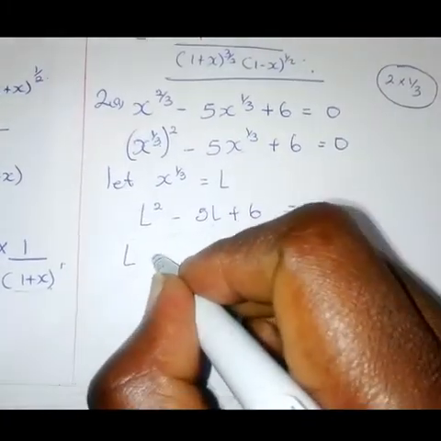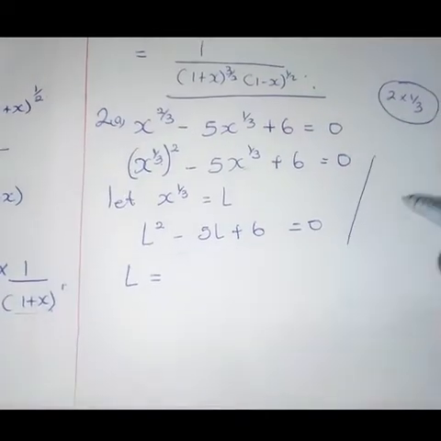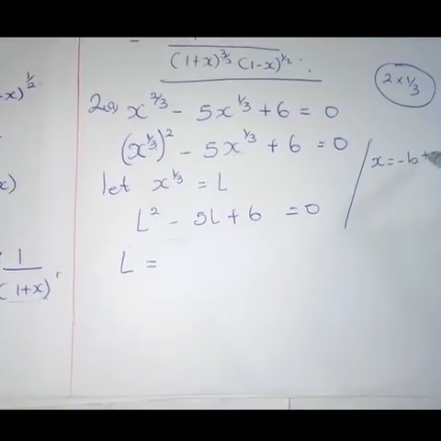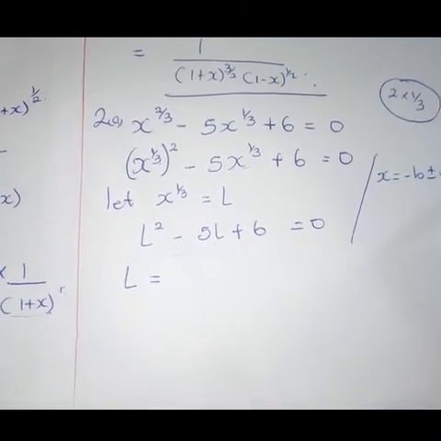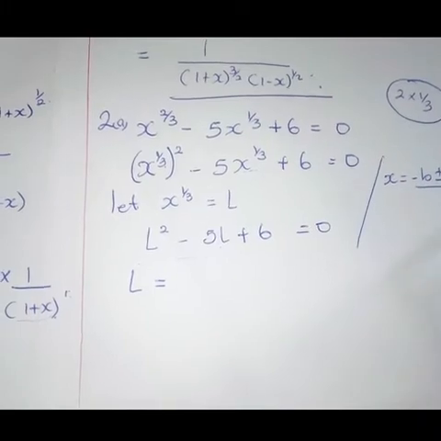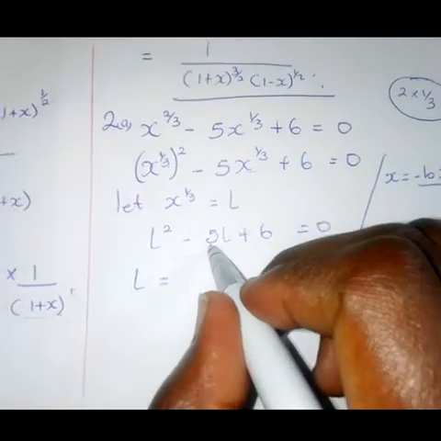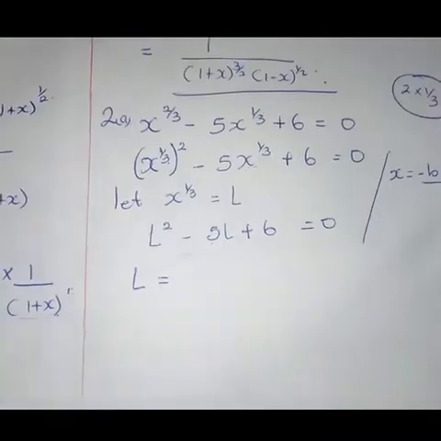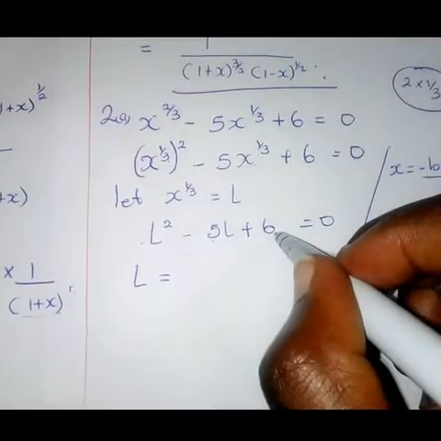So L is going to be equal to, from the formula, I'll first write it from a side here, that x is equal to minus b plus or minus square root of b squared minus 4ac, all over 2a. So b is normally the coefficient of the term that has no power, a is the coefficient of the square term, and c is the constant term.